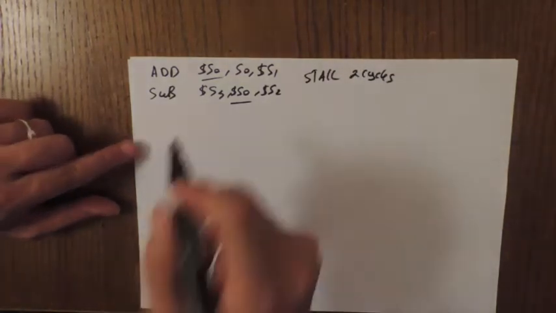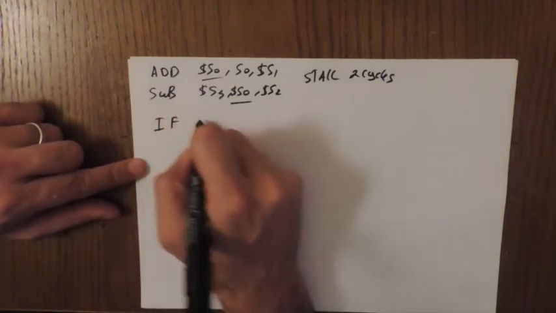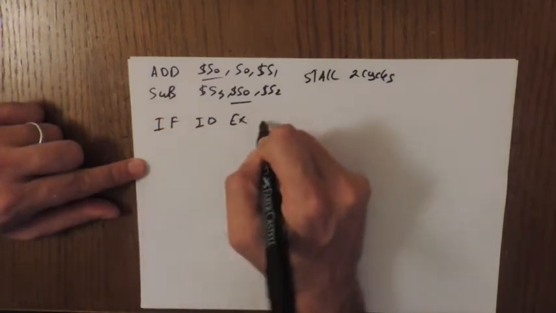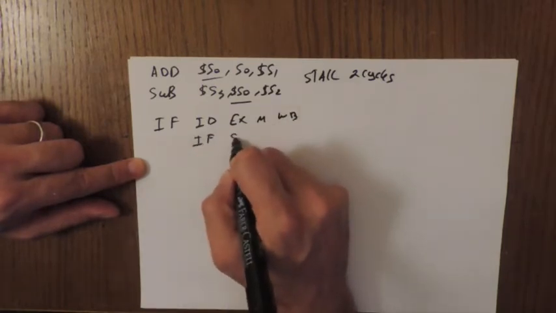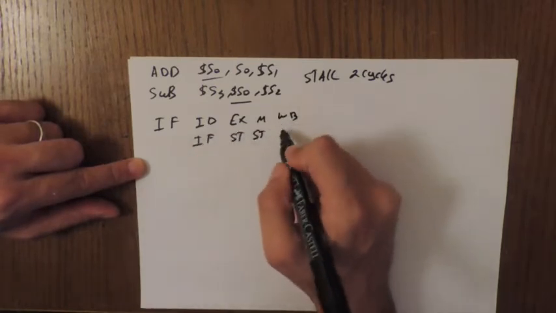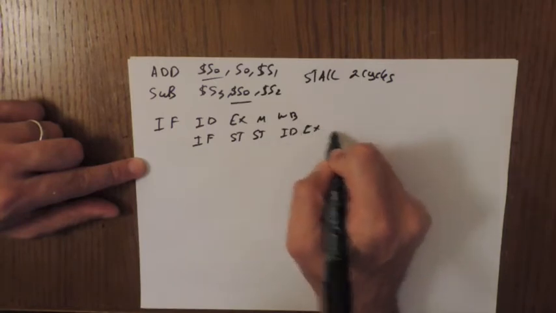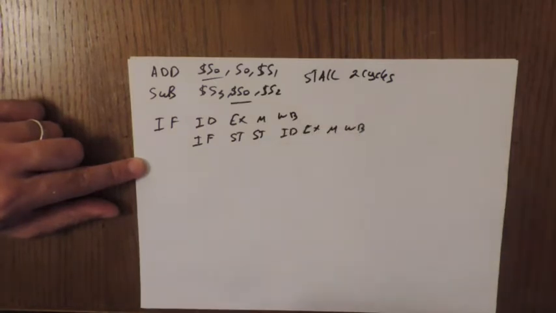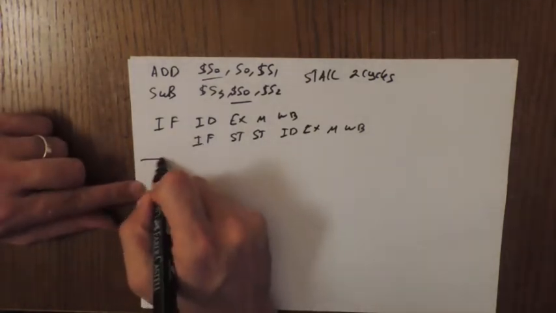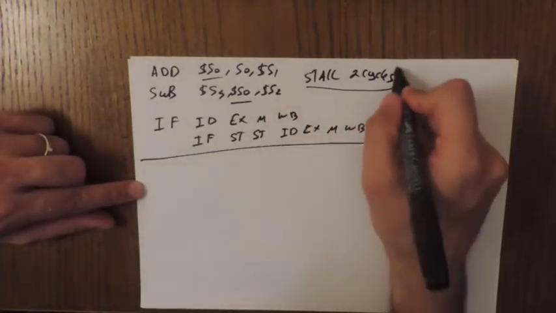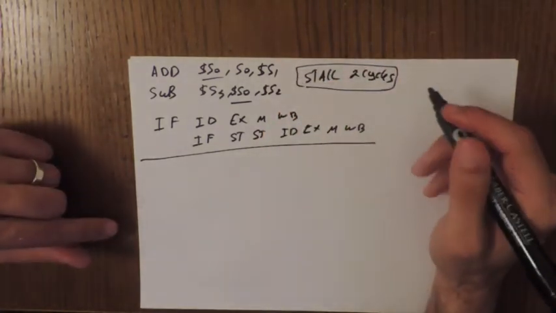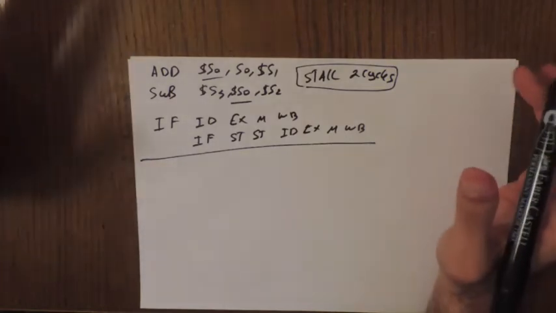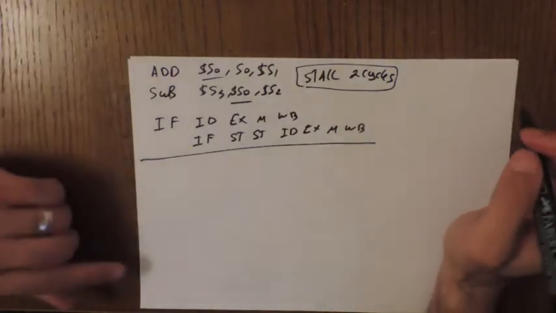And this was evident by saying IF, ID, EX, memory, write back, and we said we will start IF, and then we stall, and we say ID, EX, memory, write back. So they started thinking, is there a better way to eliminate those 2 stalls? These two stalls are severely hindering my pipeline and slowing it down.